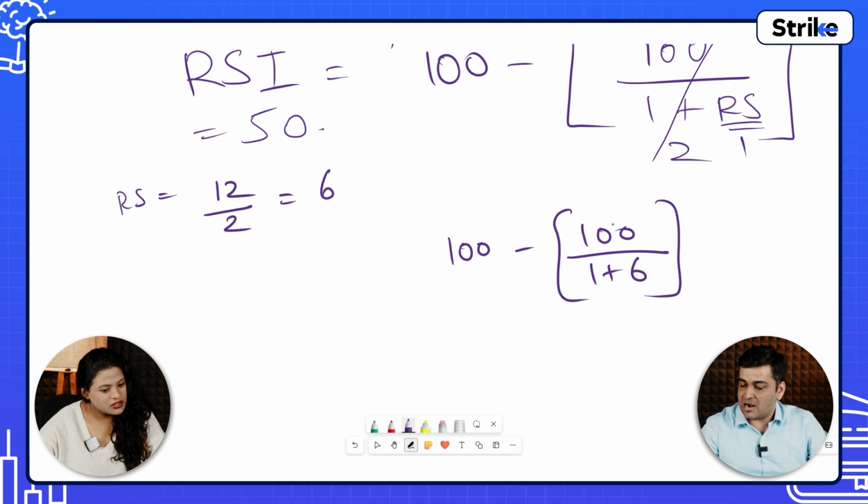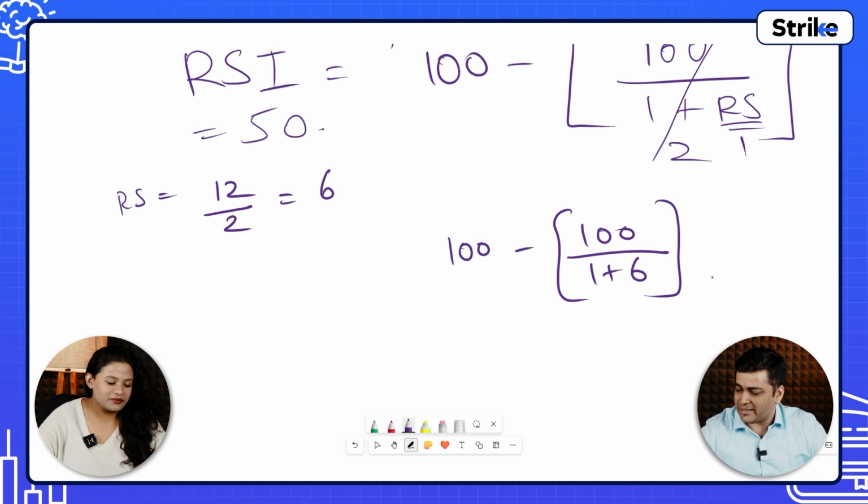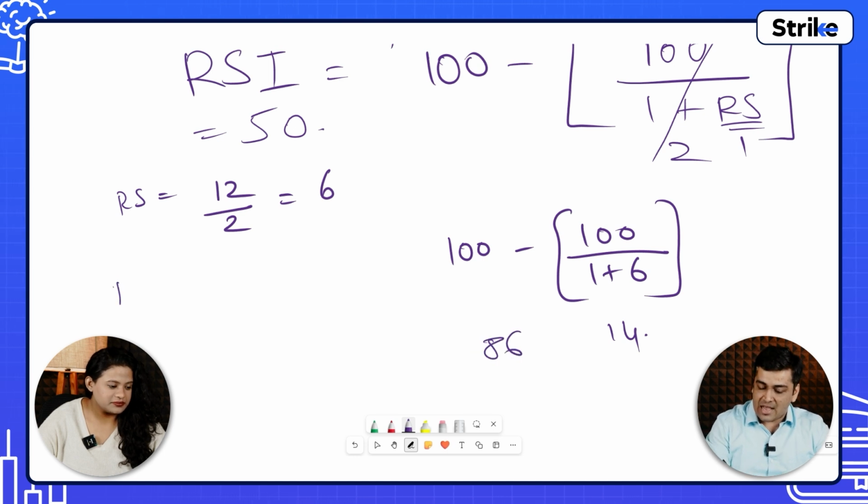That is 100 divided by 7. Can you divide 100 by 7? Approximately 14, 14 point something. And if we subtract 14 from 100, what will we get? Around 86. So RSI is equal to 86.